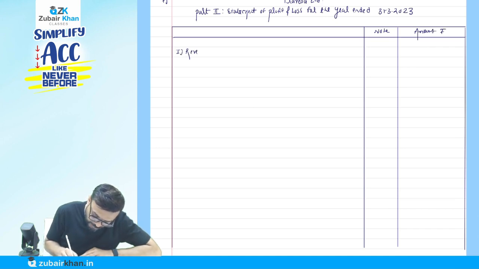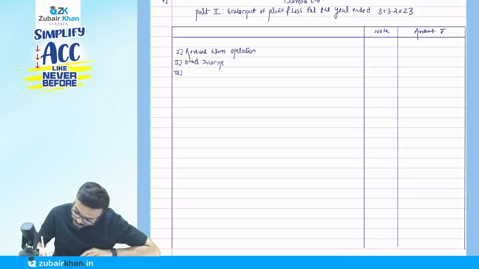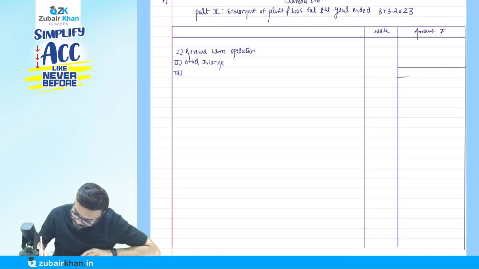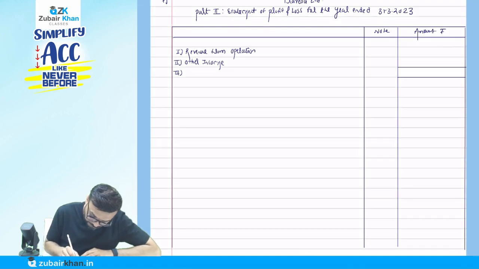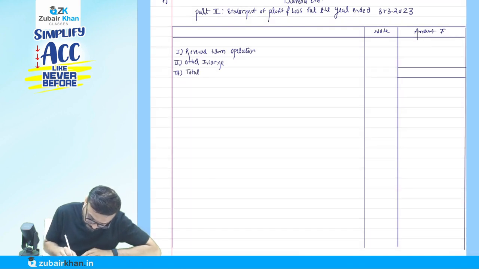Revenue from operation. That is other income. Then we have here total revenue. Then we have a fourth point here, expenses.